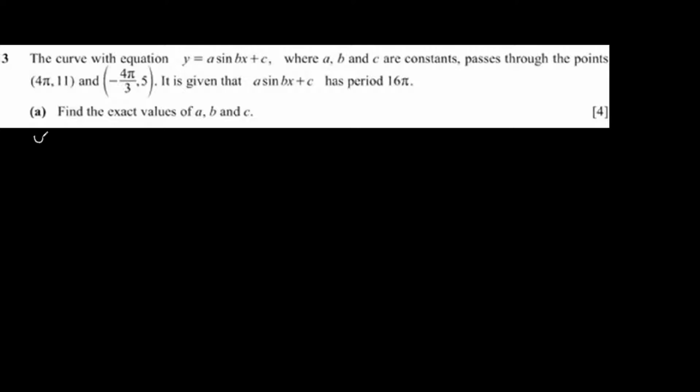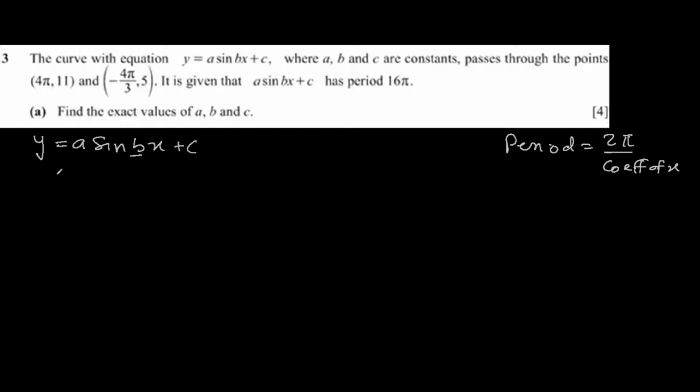The question is y equal to A sine bx plus C. B is the coefficient of x, and period is always 2 pi, in terms of pi, yes, 2 pi divided by the coefficient of x in the angle. Okay, so we have B here.